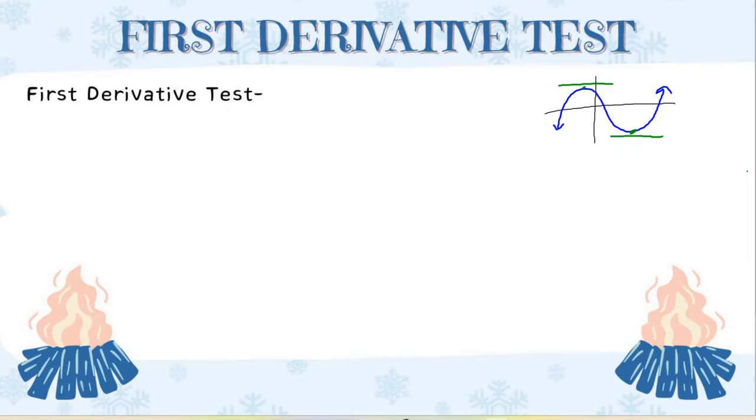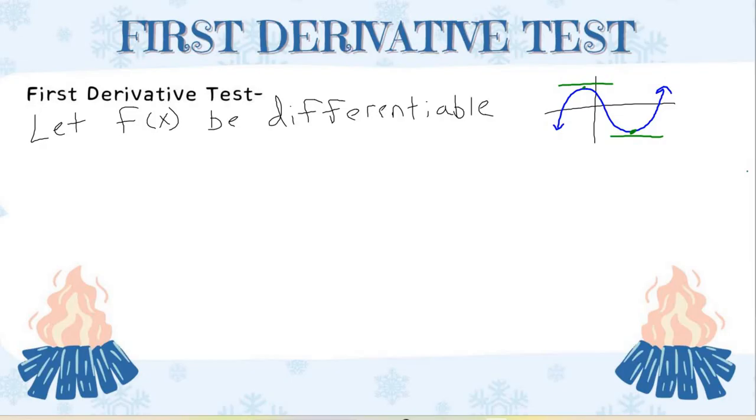So we're going to start with the most generic case, where we're going to let f of x be differentiable. Yes? We like differentiable. That means that we have nice pretty trig functions, nice pretty polynomials. It makes our lives a whole lot easier. We will talk about what we do if it's not differentiable in just a moment.